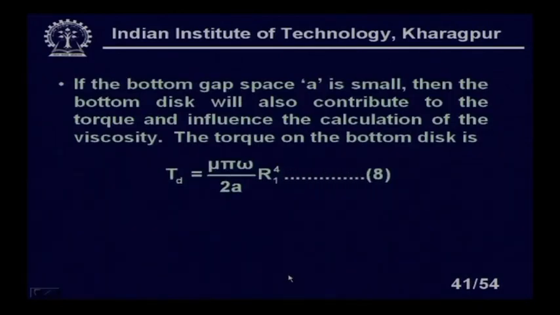If the bottom gap space is small, then the bottom disc will also contribute to the torque and influence the calculation of the viscosity. Usually it is small. So, the torque on the bottom disc will be T d equal to pi mu omega by 2 a multiplied by R 1 to the power 4. This is equation number 8.